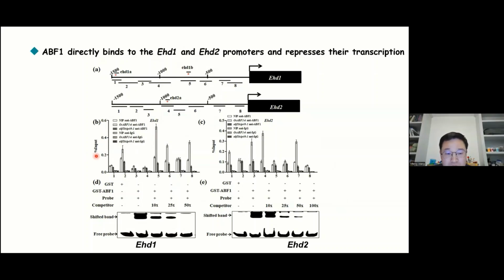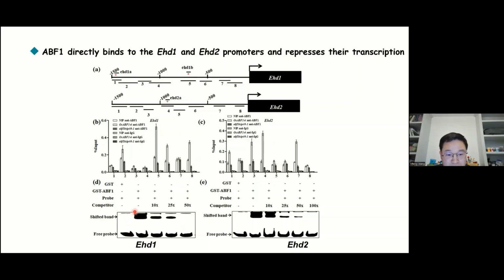Using the qPCR assay, we found the region 5 of the HD1 promoter and the region 4 of the HD2 promoter can enrich much more ABF1 compared with the wild type. While in the double mutant, this increase of ABF1 is significantly reduced compared with the wild type.